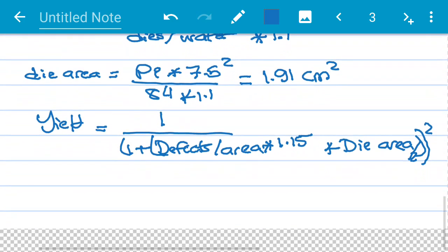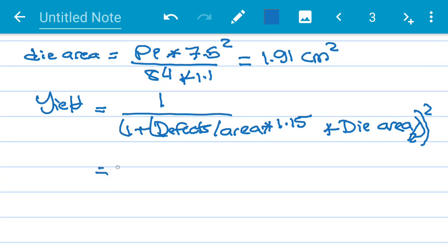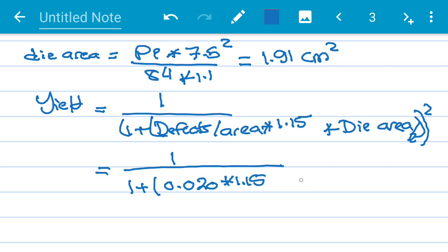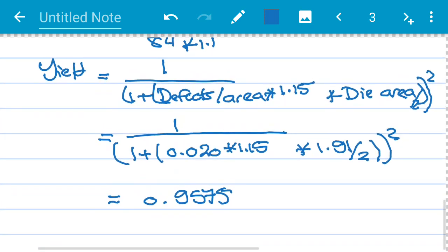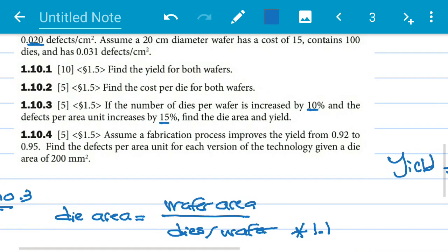Applying the figures, we have 1 over 1 plus 0.020 times 1.15 times 1.91, which is the number we have just calculated, over 2, all of that squared, and that would result in 0.9575. Well, here we got the third thing.